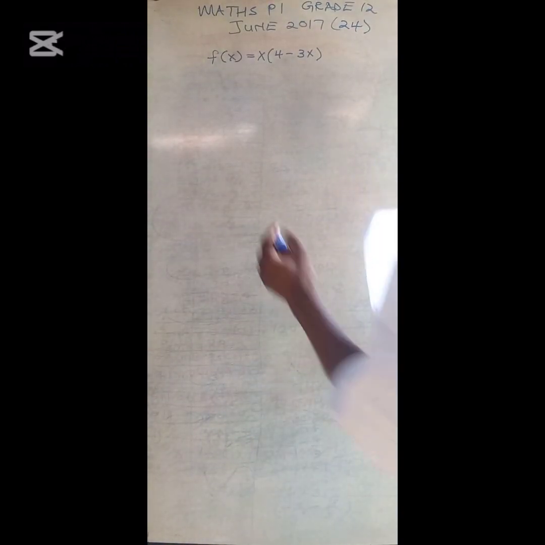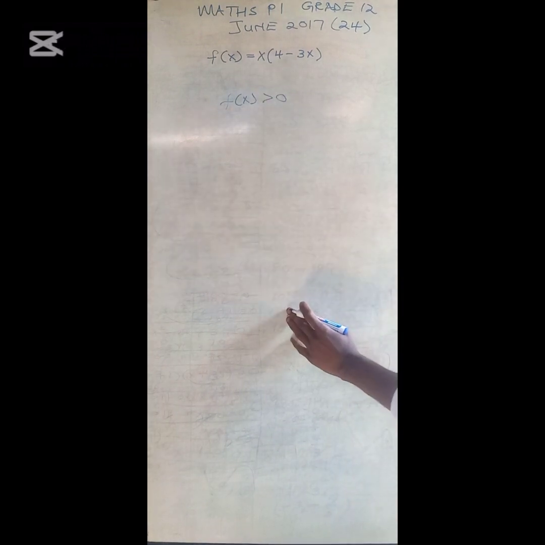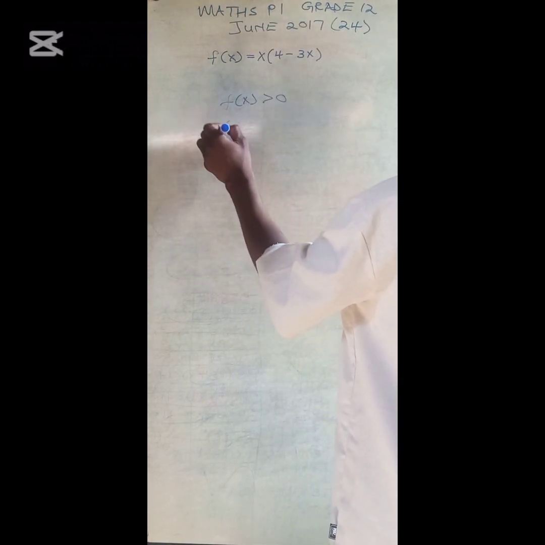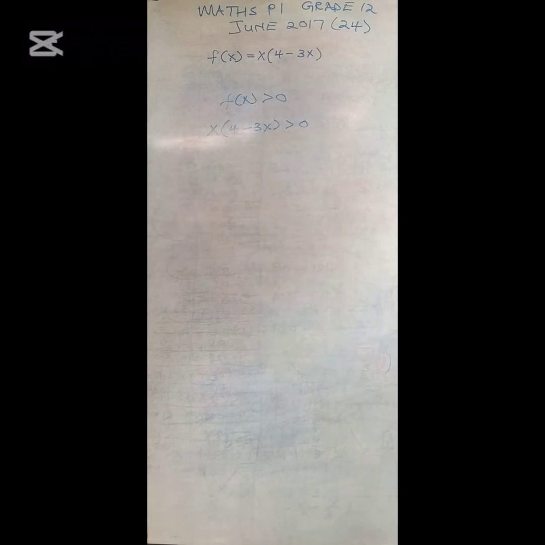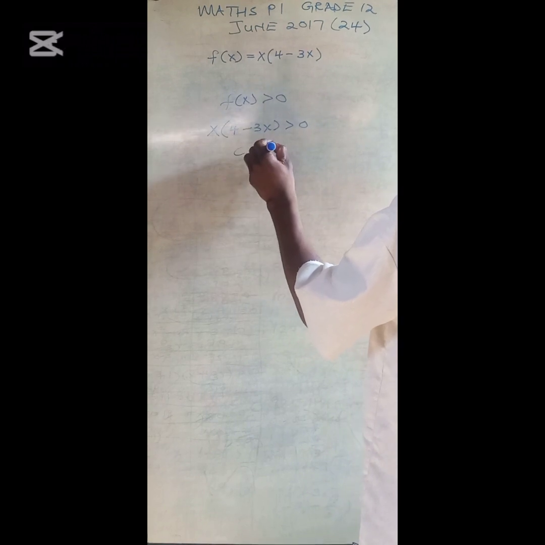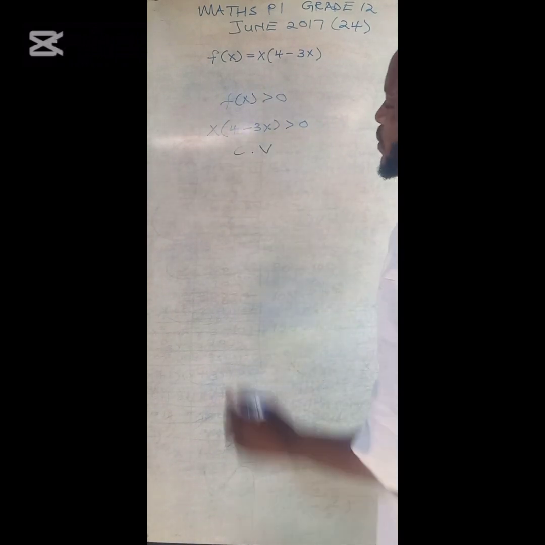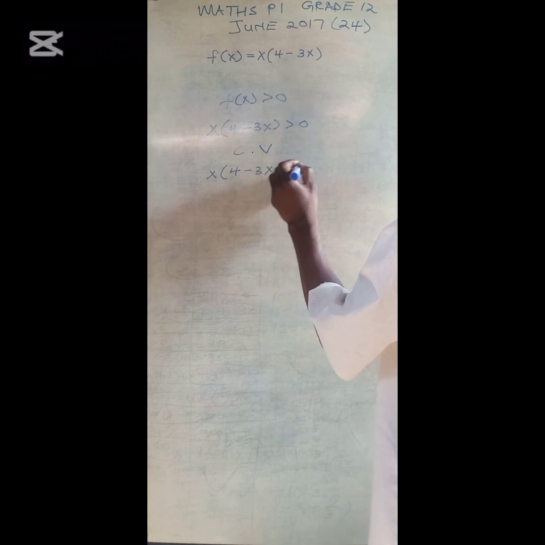They're saying solve for x also if f of x is greater than 0. So here's an inequality. We have x into 4 minus 3x. They're saying we should solve for x if this is greater than 0. You know that if we have a 0 this side, we can start searching for our critical values. For critical values, we change the inequality into an equation.